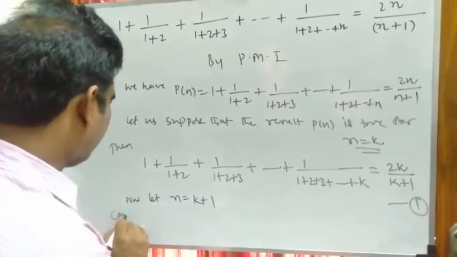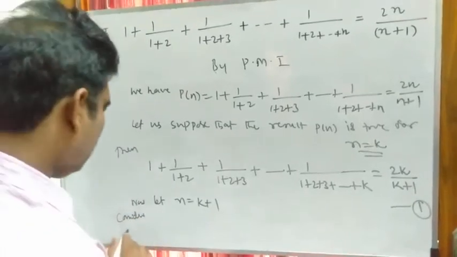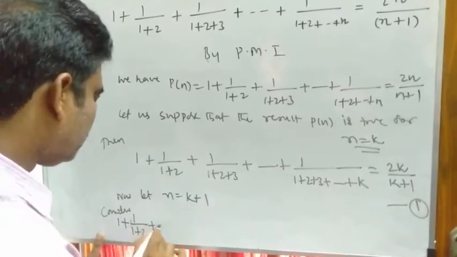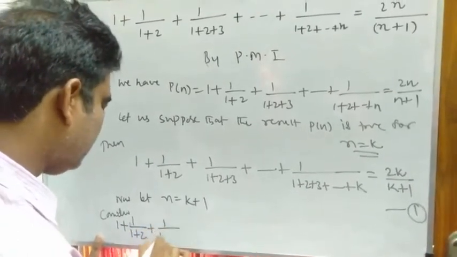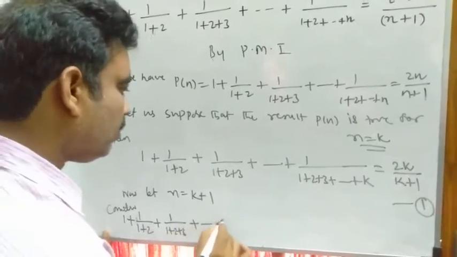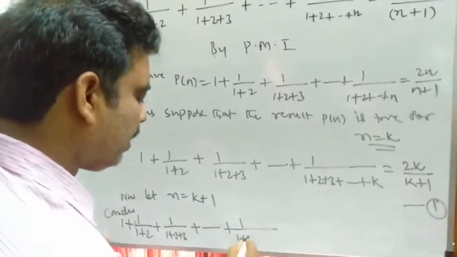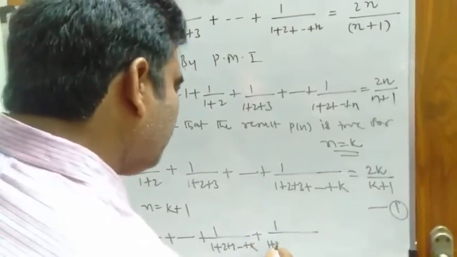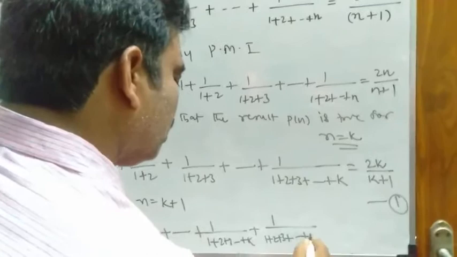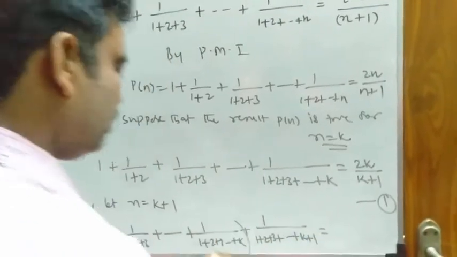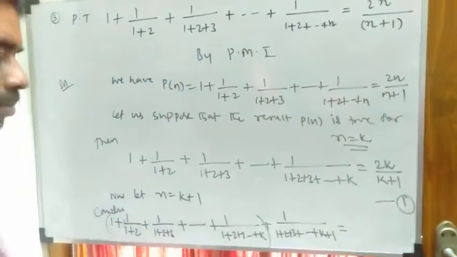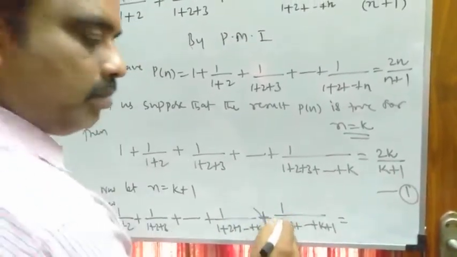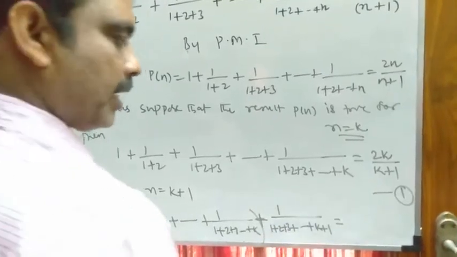So to prove for k plus 1, we consider 1 plus 1 by 1 plus 2 plus so on, next term 1 by 1 plus 2 plus 3 plus so on, plus 1 by 1 plus 2 plus 3 so on, plus k, plus 1 by 1 plus 2 plus 3 plus so on, plus k plus 1. So this is up to k terms, and adding one more term. It is the k plus 1th term, 1 by 1 plus 2 plus 3 plus so on, plus k plus 1.